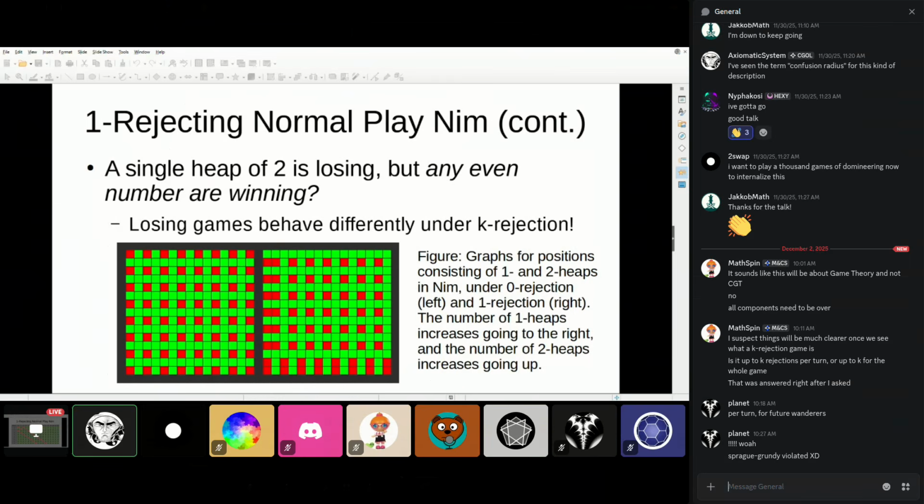Sprague-Grundy violated. Big news, big alarm, everyone's sad. We have this fringe pattern that violates that addition principle, and yet at the same time, as the game gets big, the lattice returns. It's shifted, but it's still there. I'm going to get into this in my last slide, but basically what's happening here is as the game gets very large, you have a lot of copies of every move you can make.